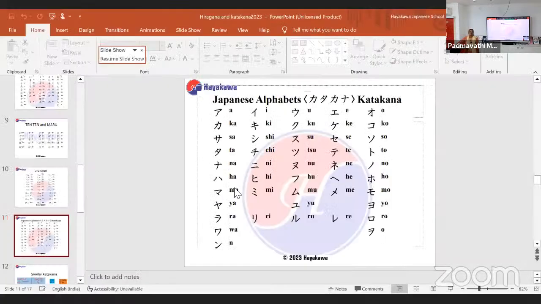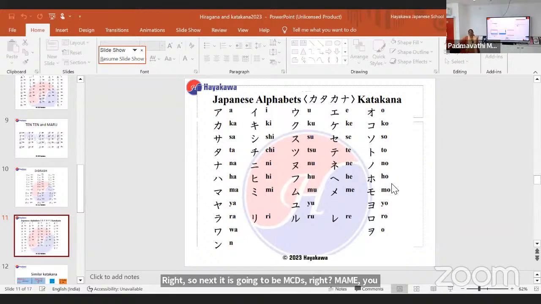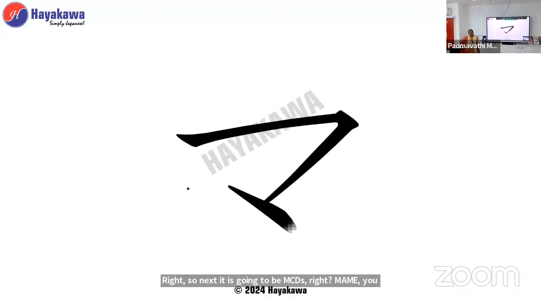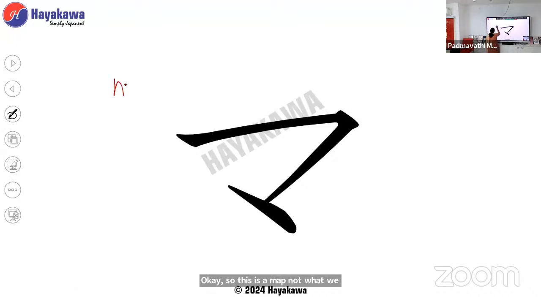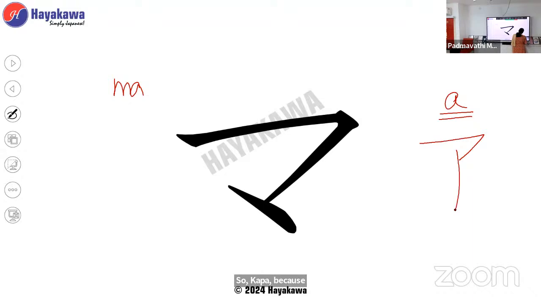Right. So next it is going to be M series, right? Ma, mi, mu, me, mo. Ma. Okay. So this is ma. Now what are we going to compare this with? Same, katakana a. So because the a sound is there, right? So katakana a is like this. Right? Same, now we are going to start with a similar form, but you're going to stop it.